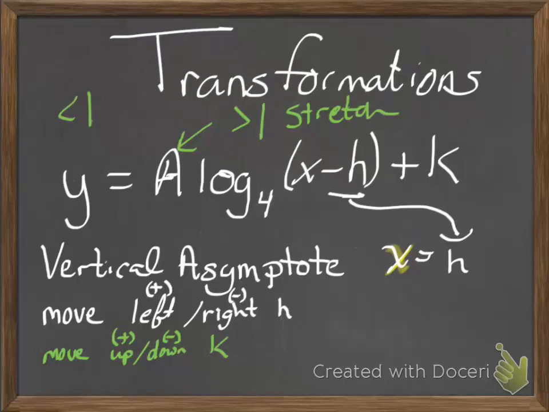Less than 1, compression. For all the problems I gave you today, I didn't actually give you an a, but I want to go ahead and introduce that so that you know where those numbers are coming from. And to find the x-intercept, you replace y with 0 and solve. We are not going to be required to find the y-intercept on any of the problems today. We're actually finding the x-intercept each time.